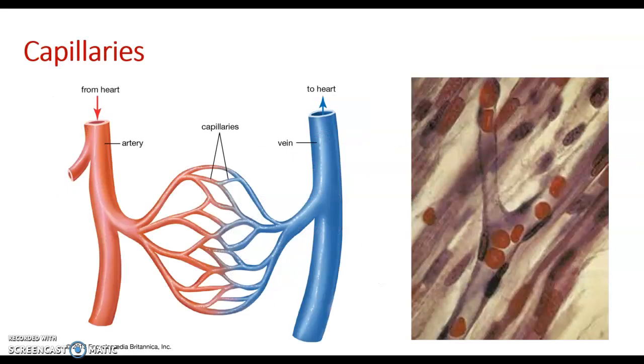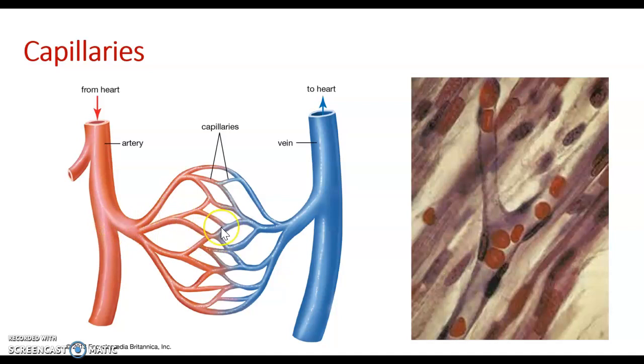Let's look at these really cool capillaries again. Most capillaries are going to be arranged in what we call a capillary bed. So here's the blood coming from the heart, rich in oxygen, ready to go out to the tissues of the cell. It's going to be traveling through the artery into the arterioles, and it's going to find its way into a capillary bed.